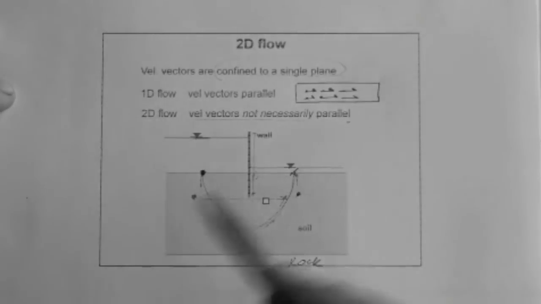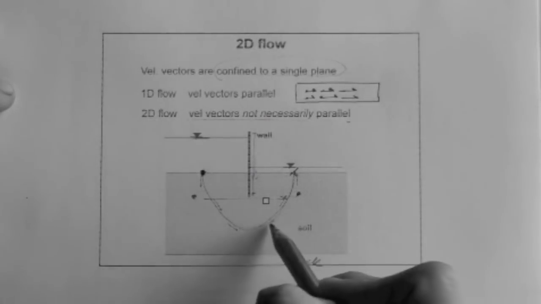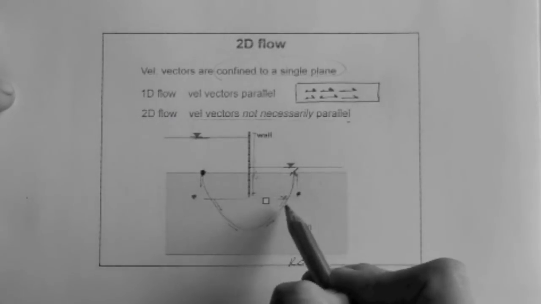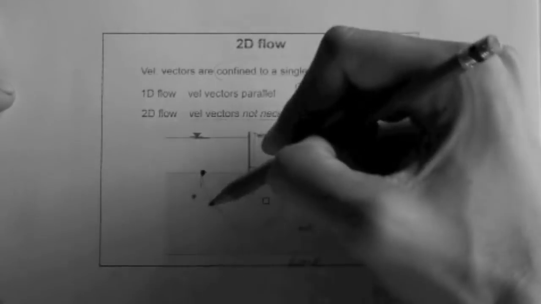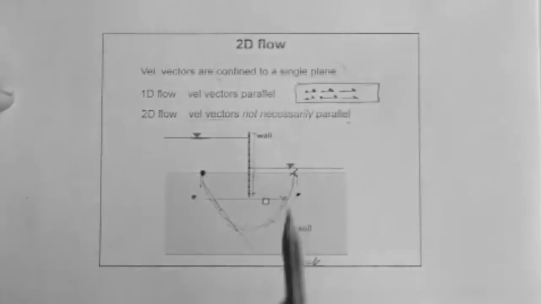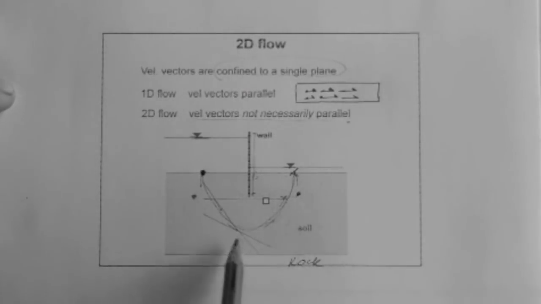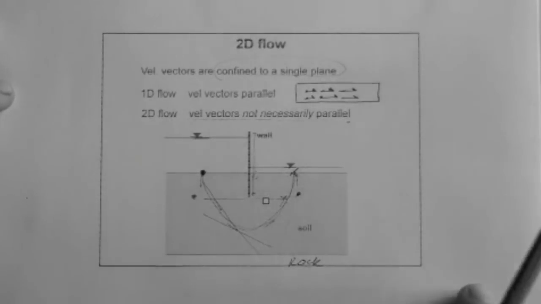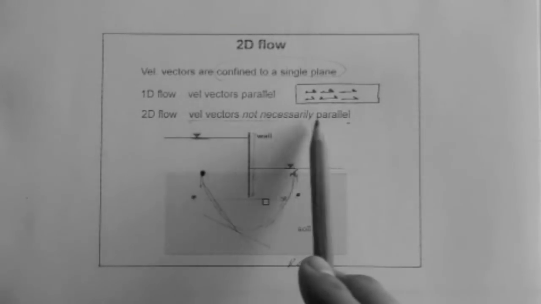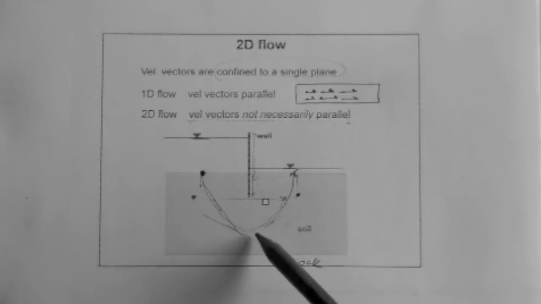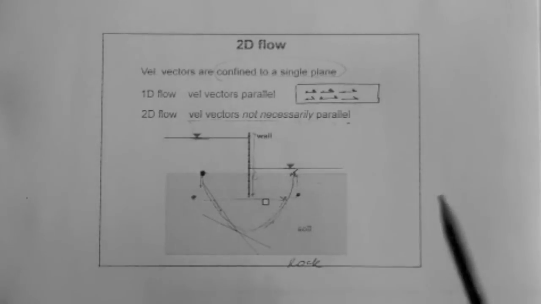Now, as you can see, the vectors that are shown here along the flow line should be right on top of the flow line actually. They are not parallel, right? This one is like this, one is like that. These two lines cross, therefore these two vectors are not parallel. So this is the case of 2D flow. Velocity vectors are not necessarily, in this case they're not, parallel.